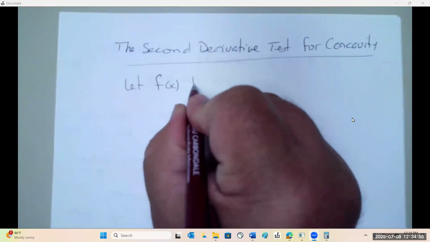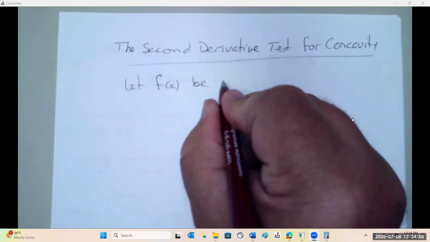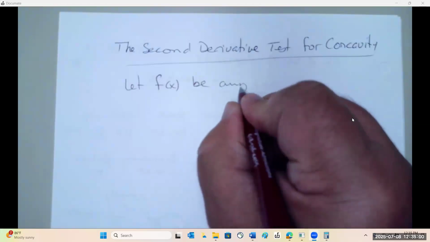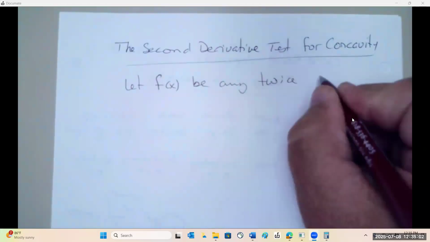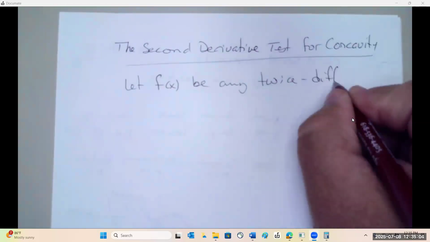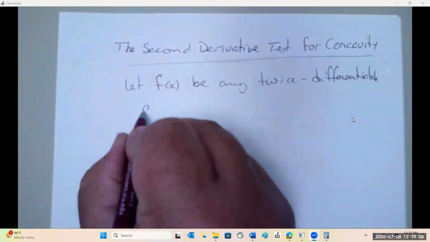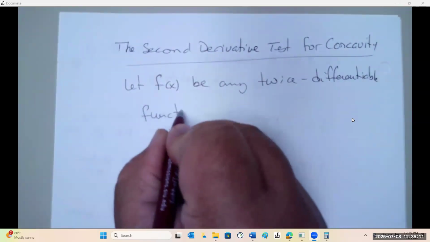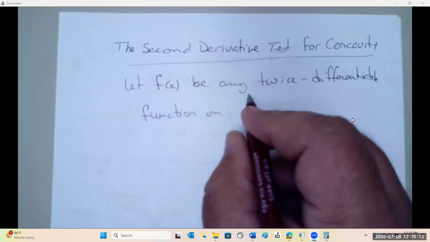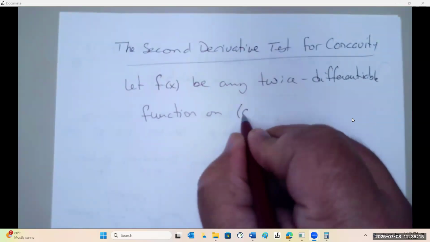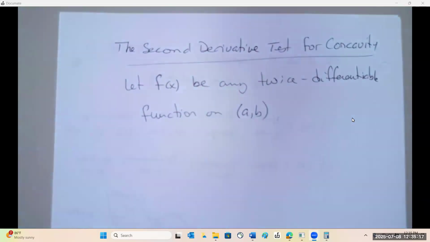Let f of x be any twice differentiable function on an interval. Okay, this is important.